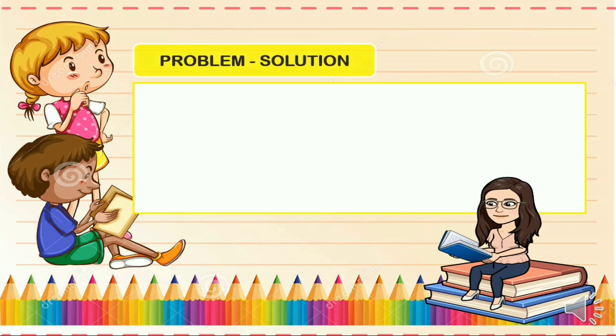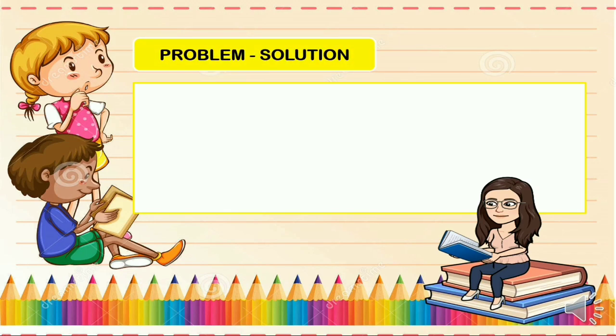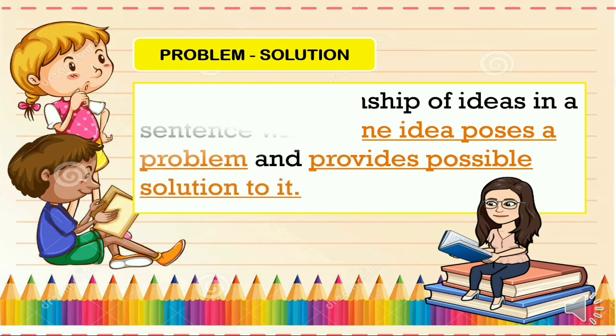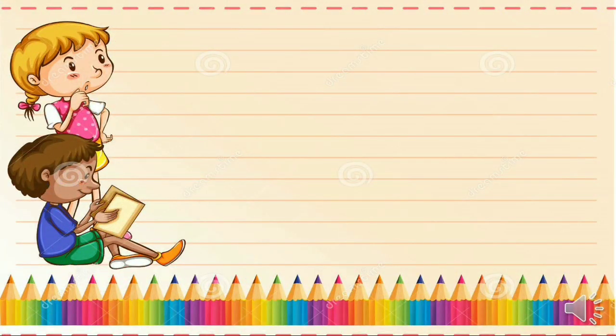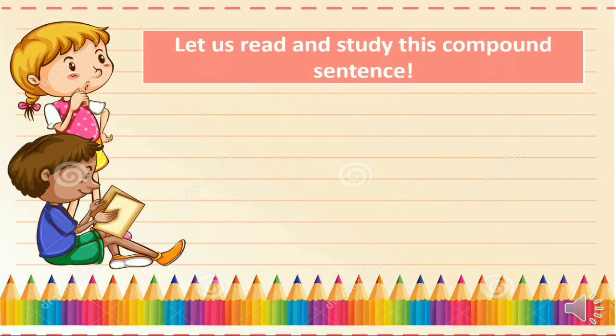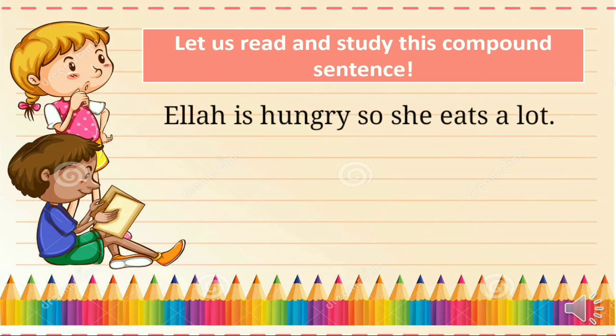What is a problem-solution relationship? Problem and solution portrays a relationship of ideas in a sentence where one idea poses a problem and provides a possible solution to it. Let us read and study this compound sentence.